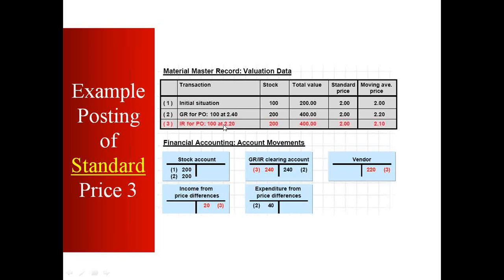So the system will put 240 in the clearing account as earlier, but the vendor account will be credited with 220, the final price of the invoice, and the difference between 240 and 220 will be posted to the price difference account.